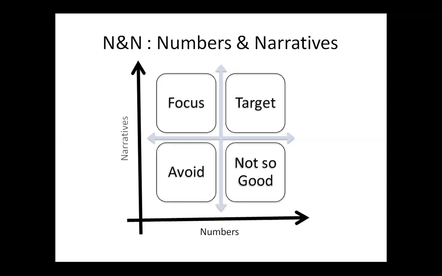I personally believe everything is numbers, but when you don't have numbers, you should have something. So you have to be very clear that it should be a mixture of N and N, numbers and narratives. Okay, so what is your takeaway from this discussion?